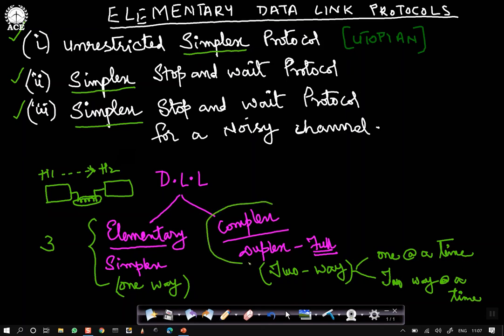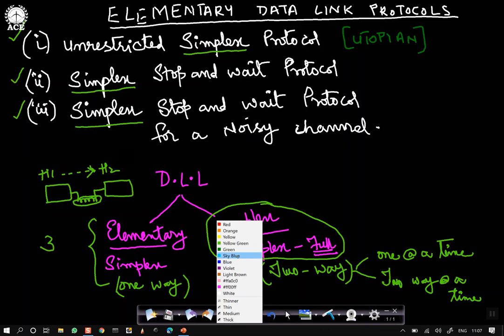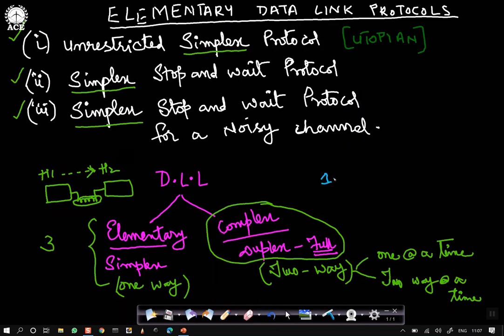And within this domain, we have again a set of three protocols. Let me write what they are so that you can have the taxonomy in one place. The first one is called the 1-bit sliding window protocol. Second, go back n.